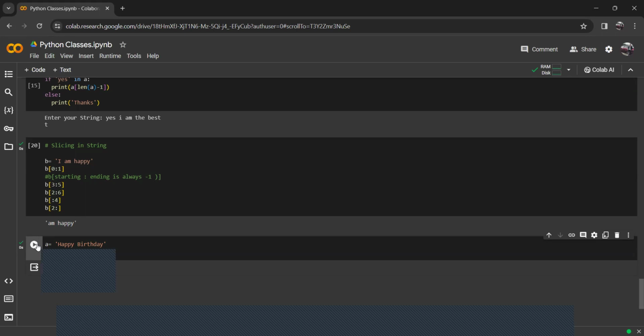So everybody is clear. We cannot take the greater number in the starting. But if it is something like this, then tell me what will be the output. What will be the output now?